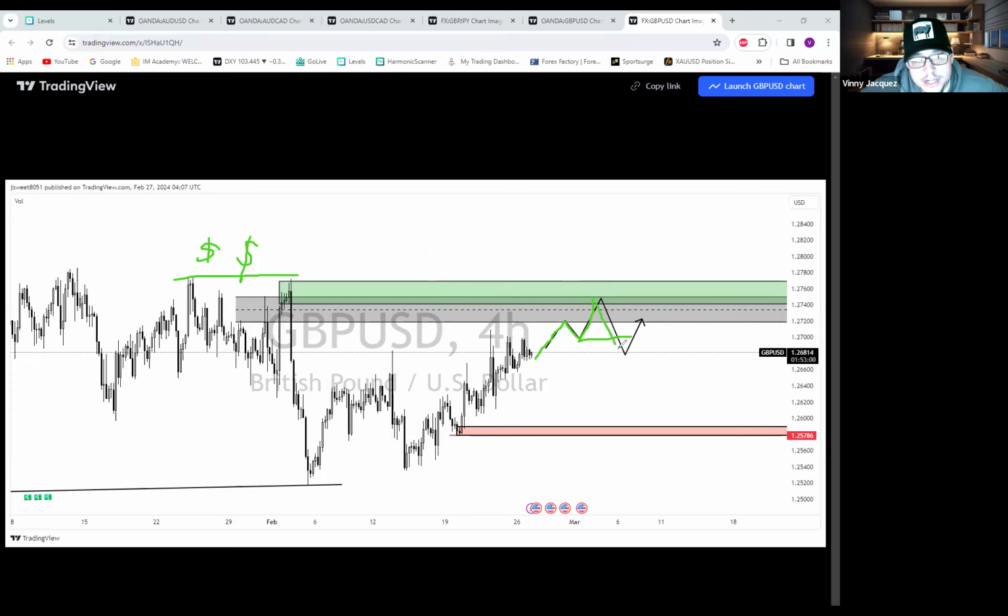Once we get that rejection and get that break and close below, that change of character, we can look for our brand new starting point and look for our shoulder to send that thing right back down. Knowing this is a little iffy because of this liquidity, we should definitely wait for some confirmations.